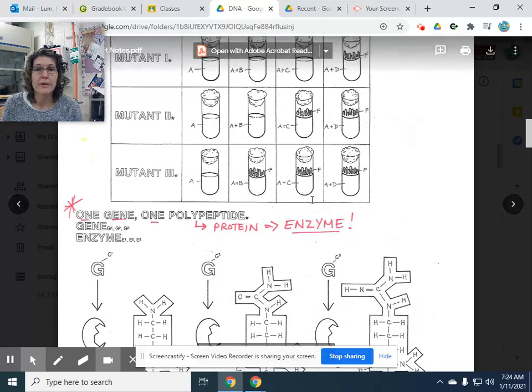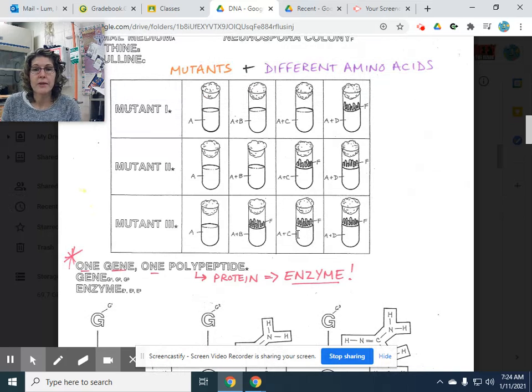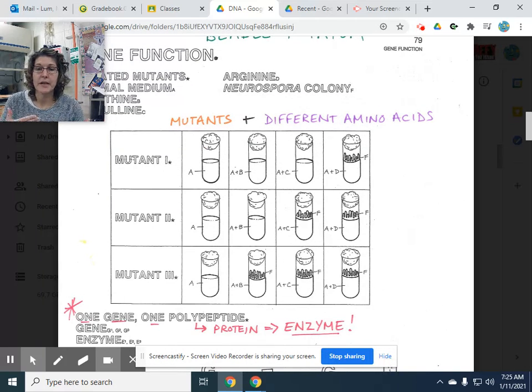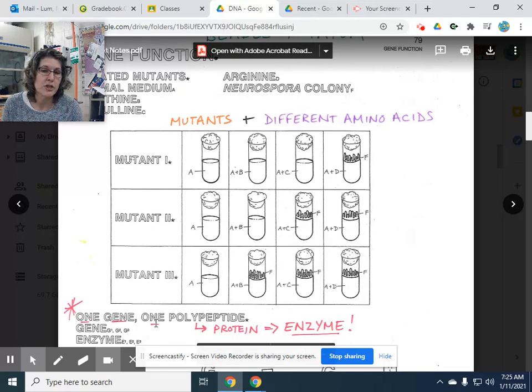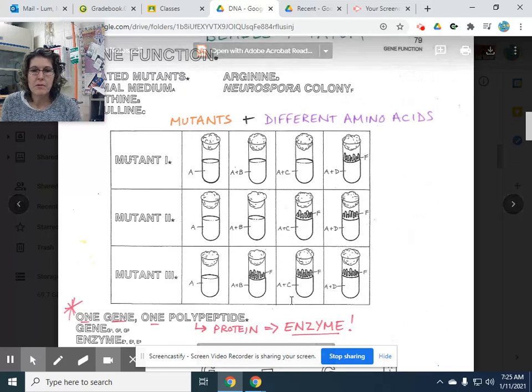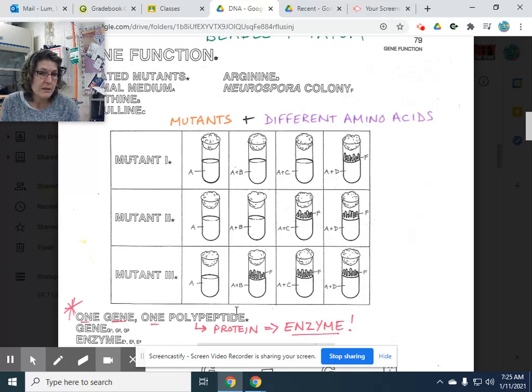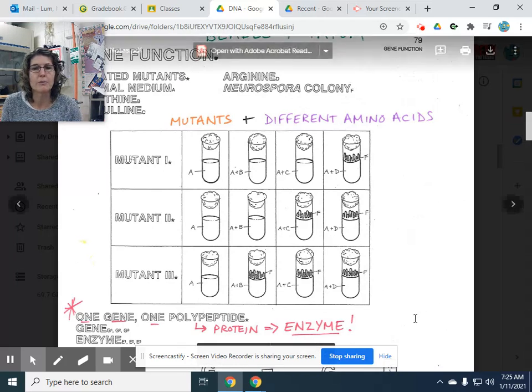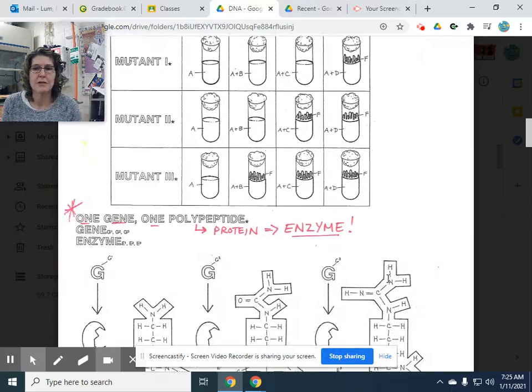And as they keep going through, they had to make sure that, hey, we need certain materials put together in a certain fashion in order for that protein to be created. So one gene, one polypeptide, same thing as the one gene, one protein, because we know a polypeptide is also a protein, which is also an enzyme. So an enzyme is just a special type of protein.